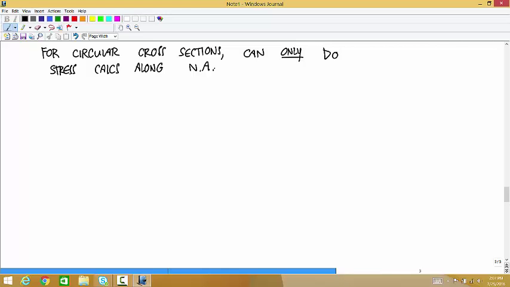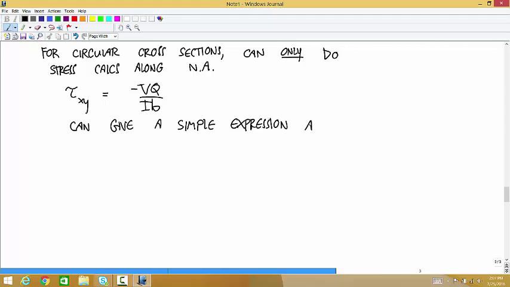So if tau xy is equal to negative VQ over IB, we can give a simple expression for this along the neutral axis, the only place we care about it, just in terms of the radius.